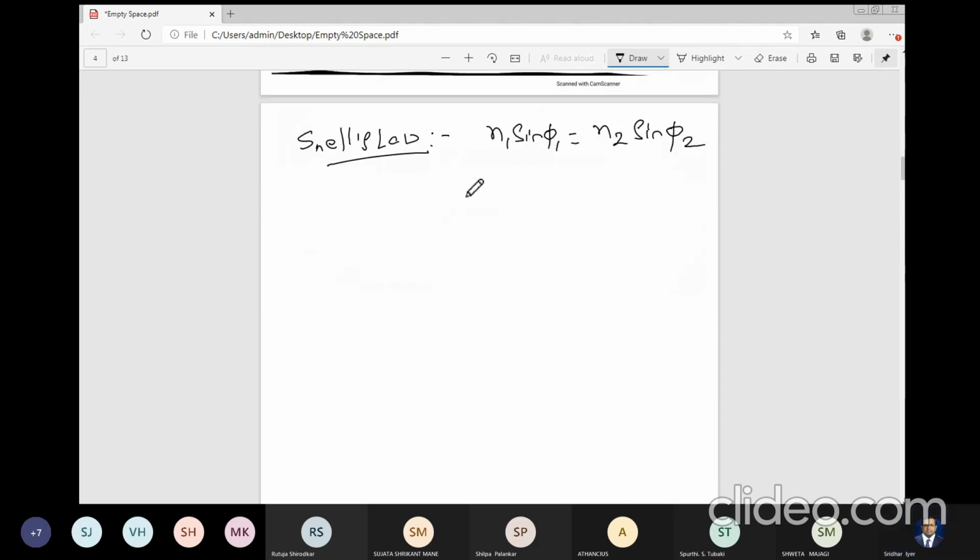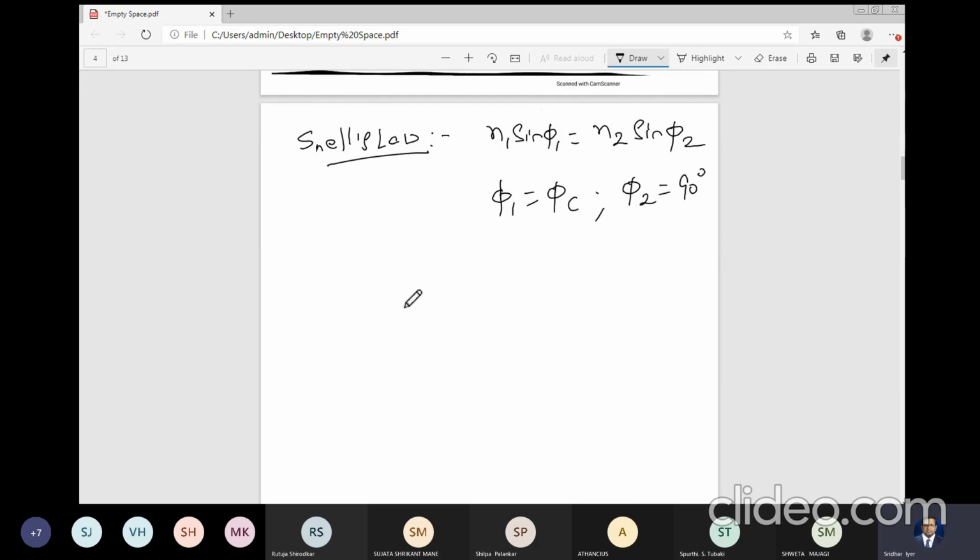So let me scroll down and write that here. As a next equation, we have phi 1 equal to phi c, we are calling it the critical angle, and phi 2 is 90 degrees. Right?